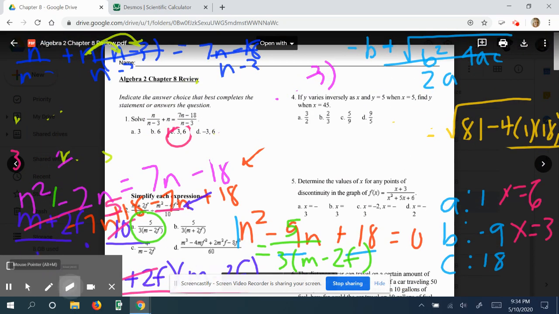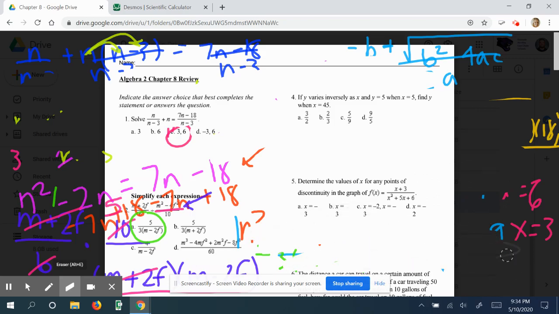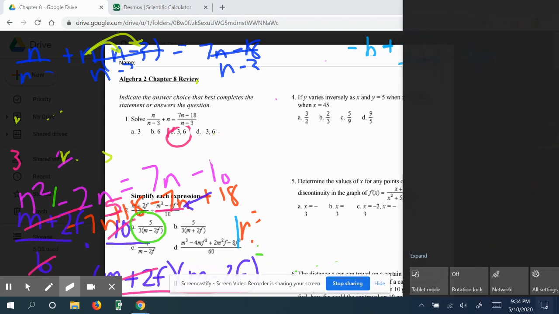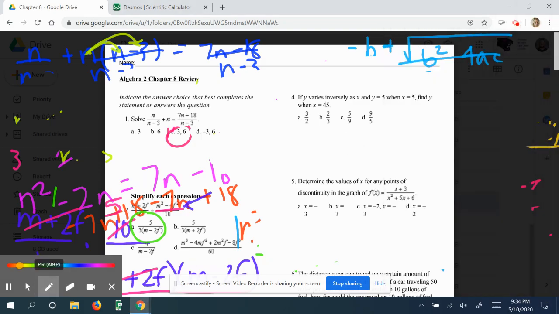Now, let's go back to number 4 and get rid of some of this writing. Number 4. It says that y varies inversely as x, and y is 5 when x is 5. So find y when x is 45. So, inverse variation.